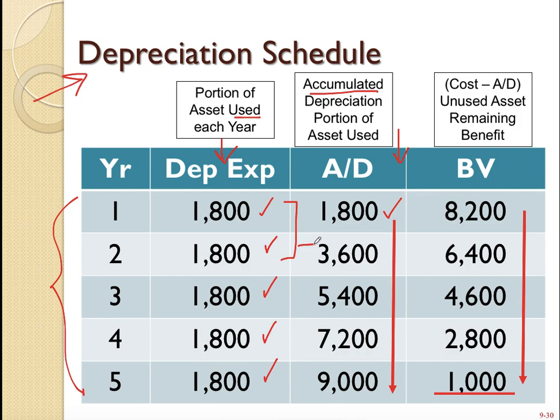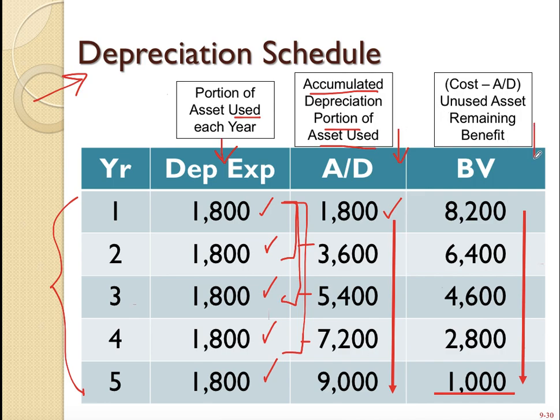Added up to 3,600. And in year 3, it's these 3 years added up together, right? And in year 4, it's these 4 years added up together. You guys getting the pattern going here? Okay, it represents the portion of the asset that has been used. So we accumulate all of it together.